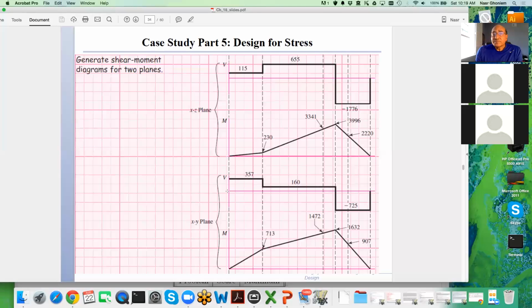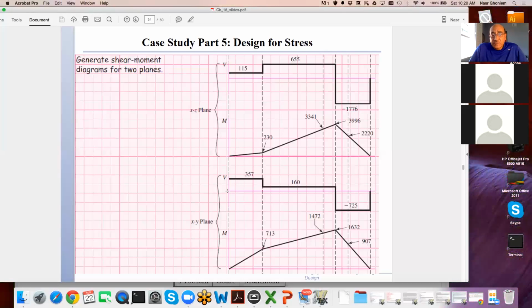For moment, we have a moment on the XZ plane and a moment on the XY plane that must be combined as vectors. So we don't know where the magnitude of that vector is maximum. The best way is to just do it at maybe one or two critical points.